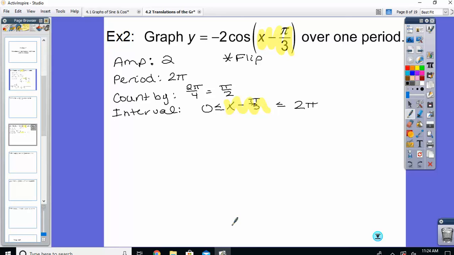So now if I solve for my x, I would add pi over 3. 0 plus pi over 3 is pi over 3, less than or equal to x, less than or equal to 2π plus pi over 3 is 7 pi over 3.